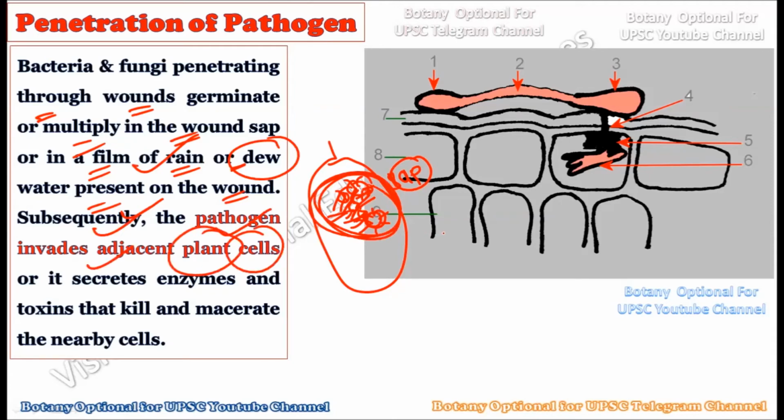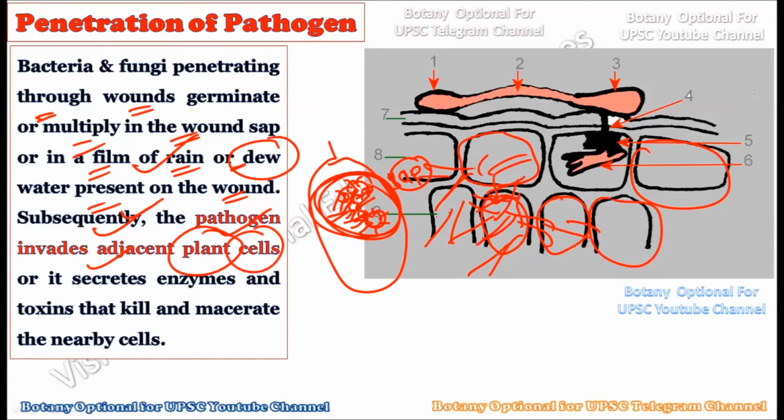Because the wound has already happened, if one cell is injured, the other cells will come in contact with it, and other healthy cells will also subsequently get wounded. In this way, the bacteria will rapidly multiply, or the fungi will rapidly create hypha or mycelium. So the pathogen will proceed internally within the plant body, or it secretes enzymes and toxins that kill and macerate the nearby cells.